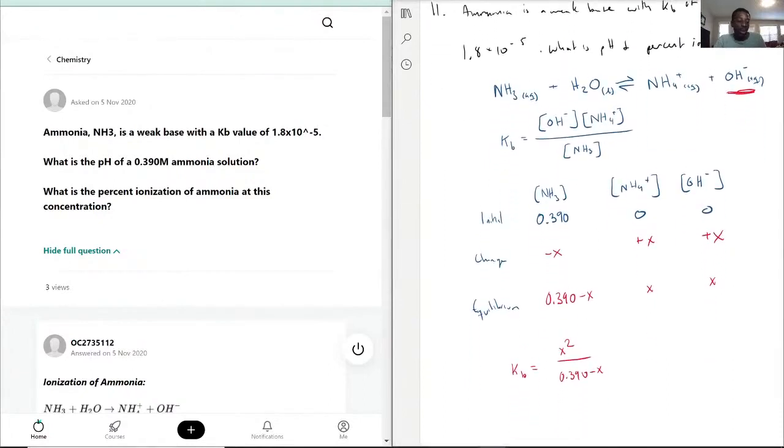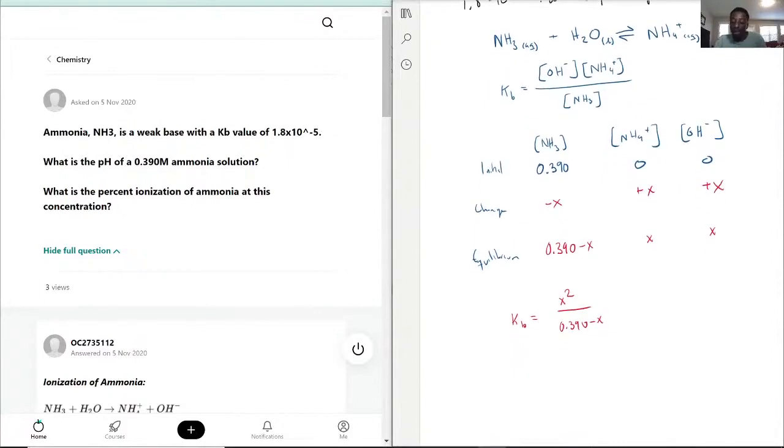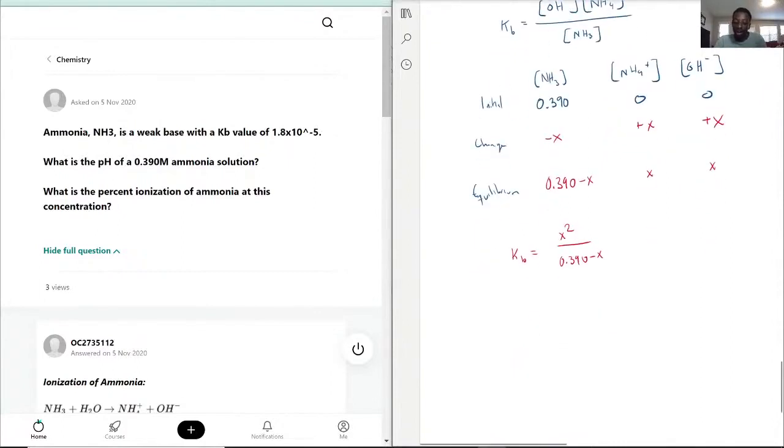So we're just going to divide 0.390 by 1.8 times 10 to the negative 5. And wow, it is 21,000 times at least bigger than our Kb. So with that being said, our formula now becomes like this.